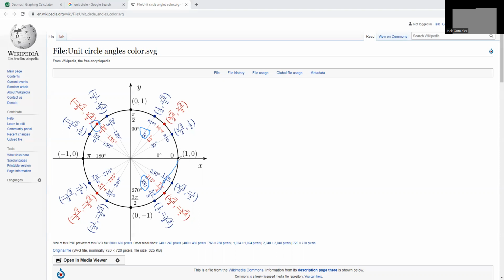So we would be going to 5 pi over 4, which is 225. It's really going negative 225. So negative 180 is right here. So 225 would be there. That makes sense? How far around the circle? Negative 225. Positive 225 is here. Negative is there.